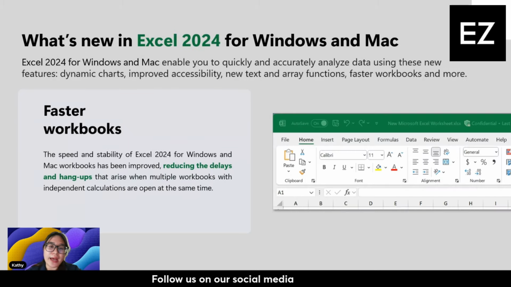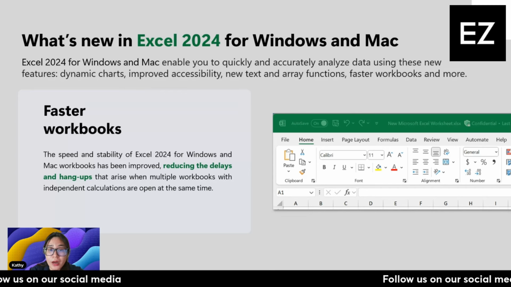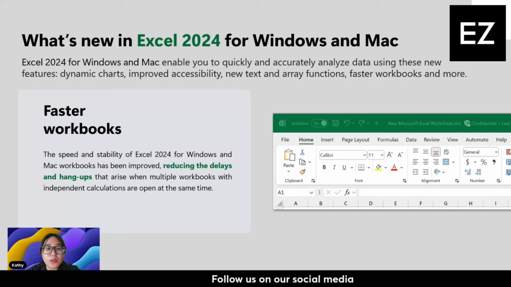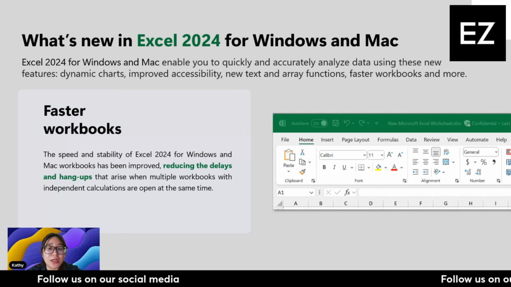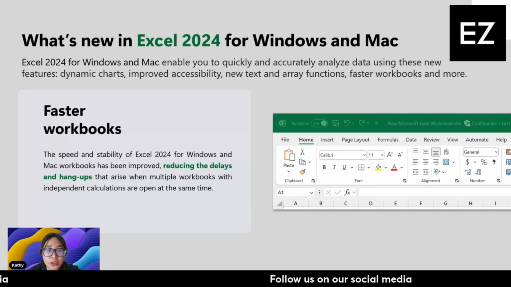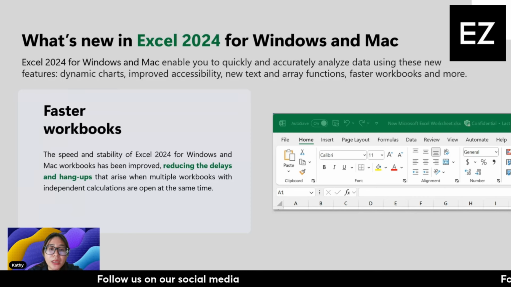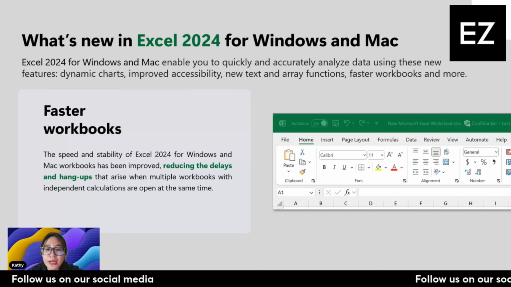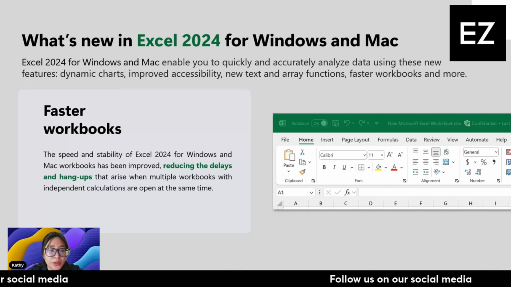Let's move to Excel. What's new in Excel 2024 for Windows and for Mac? Excel in 2024 enables you to quickly and accurately analyze data using new features: dynamic charts, improved accessibility, new text and array functions, and also faster workbooks.